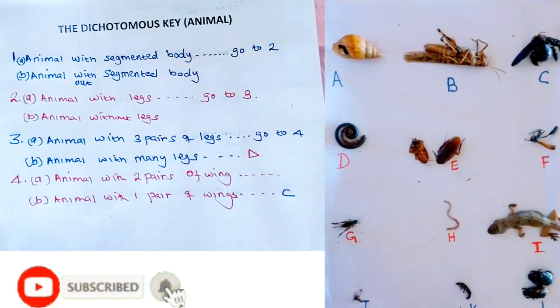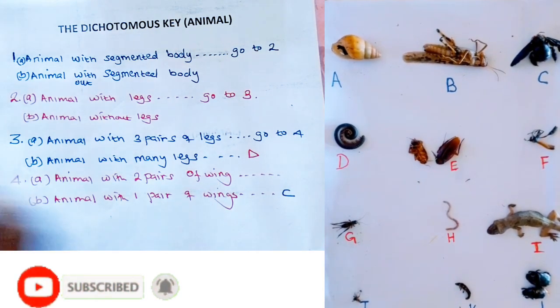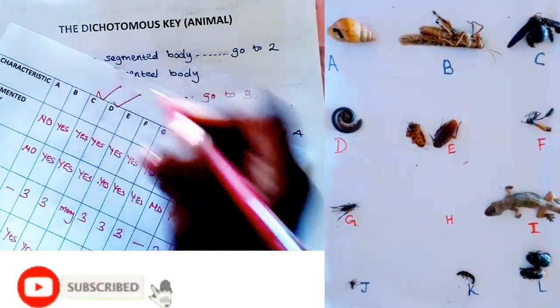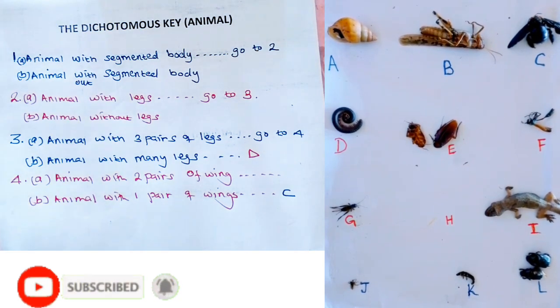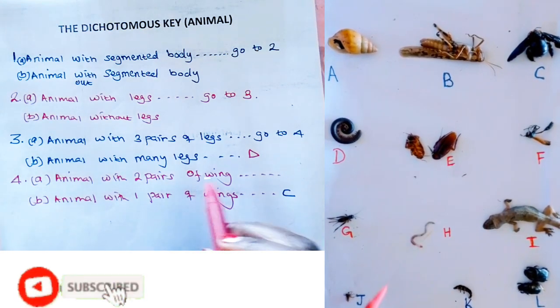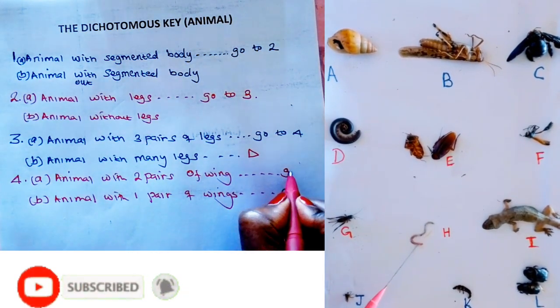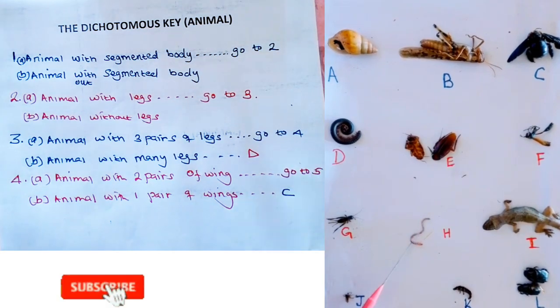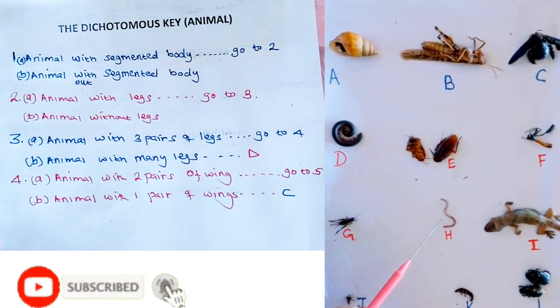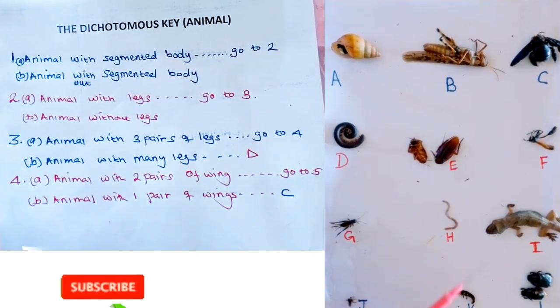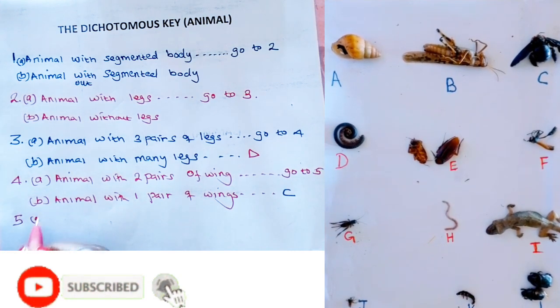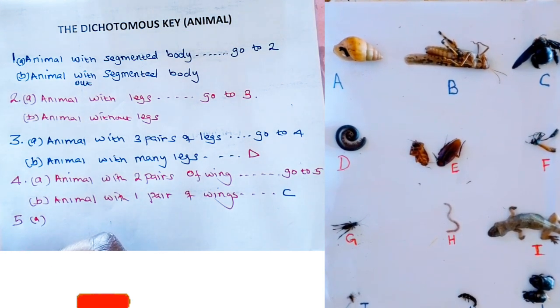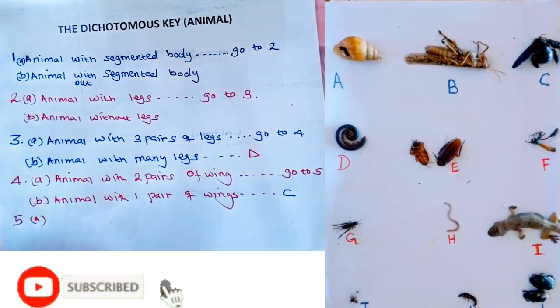Yeah. So we have identified C, okay? So for many with 2 pairs, we go to 5. You get the flow now? Do you get the flow? We go to 5. So 5A, we look at the nature of the front wings.